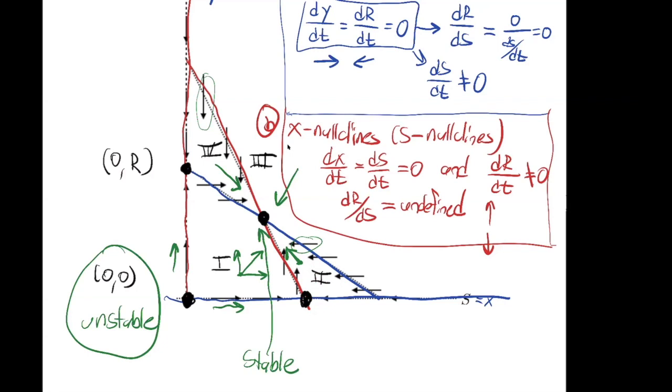So we would call this equilibrium over here a saddle. And for the same reason, this one over here is also a saddle. Okay, so any questions about that?